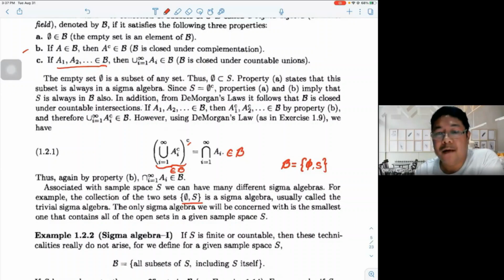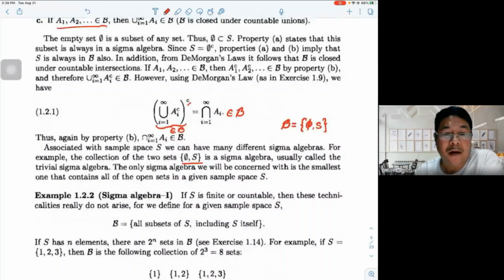The union of these two, the empty set union S, is equal to S, so it's also an element of script B. At the same time, if we take the intersection, the empty set intersection S is equal to the empty set, which is also an element of script B. So our script B here is a sigma algebra. It is actually the smallest sigma algebra, and we call it the trivial sigma algebra.